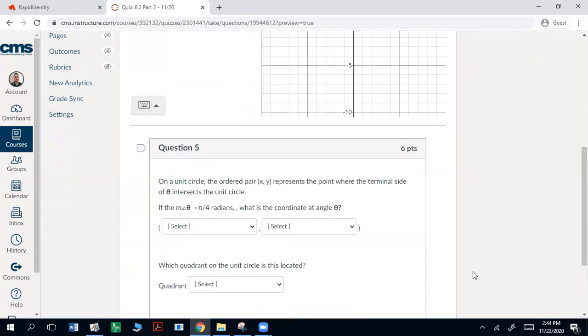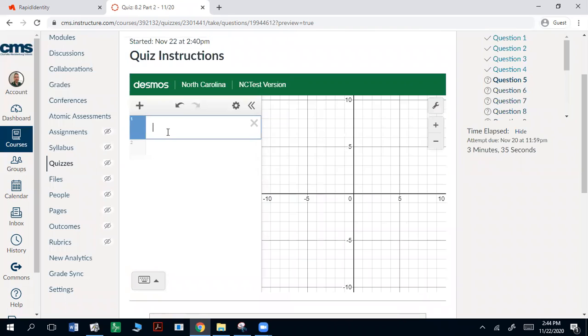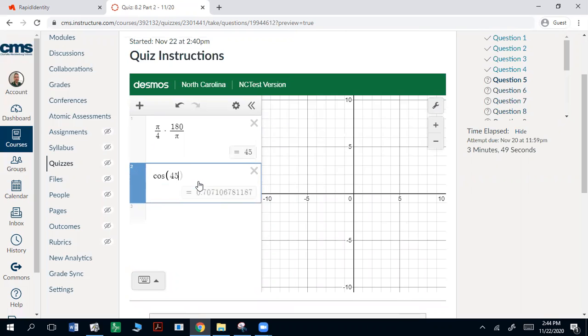Next question, number 5. On the unit circle, the ordered pair xy represents the point where the terminal side of theta intersects the unit circle. If the measure of angle theta is pi over 4, what is the coordinate at angle theta? So pi over 4 is 45 degrees. And cosine of 45 is square root of 2 over 2.